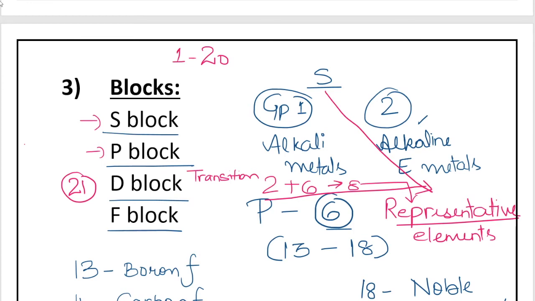D block is also known as transition metals. So the D block starts from group number 3 till group number 12. So 1 and 2 are in S, 3 to 12 are in D block.